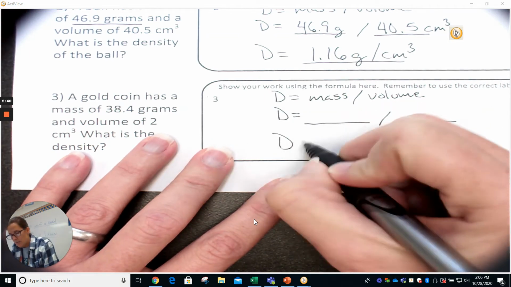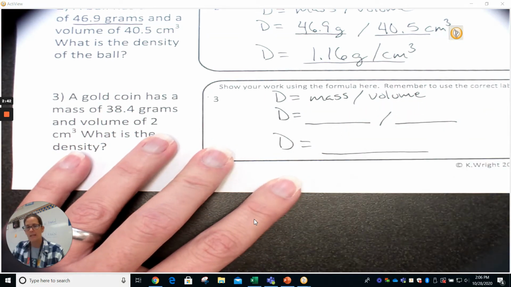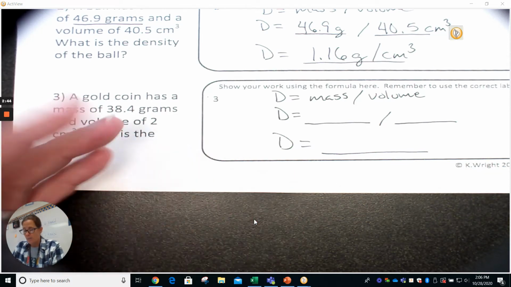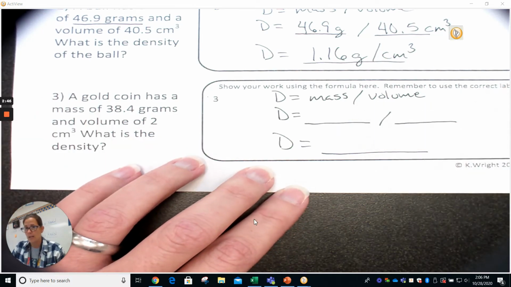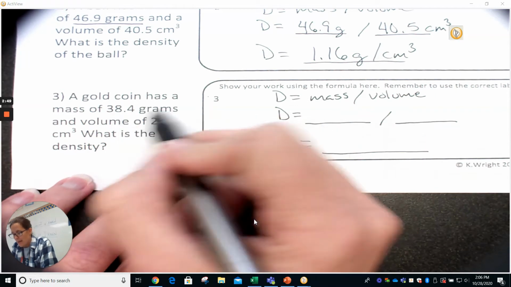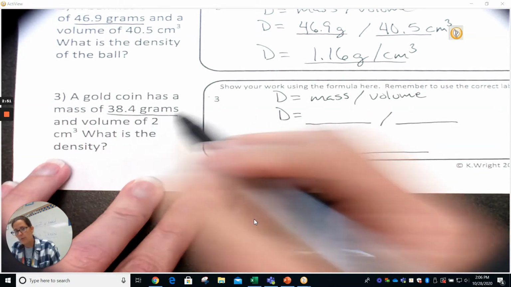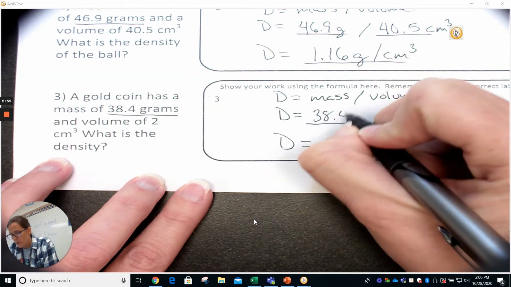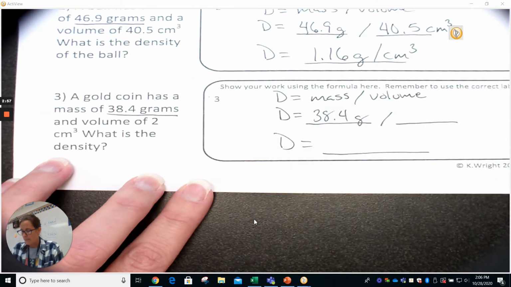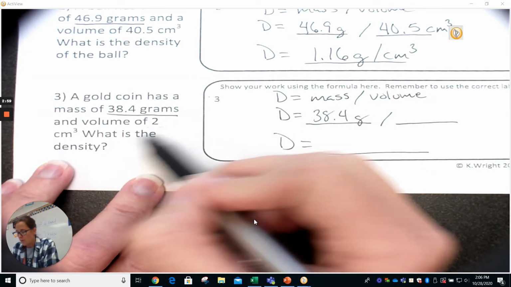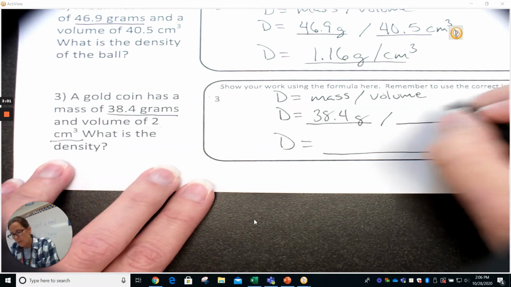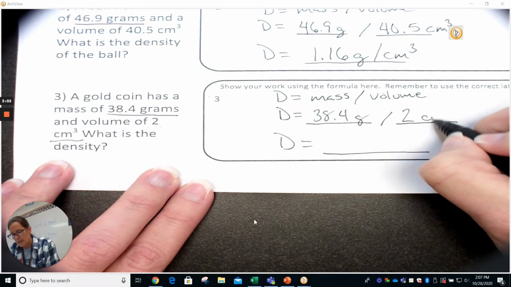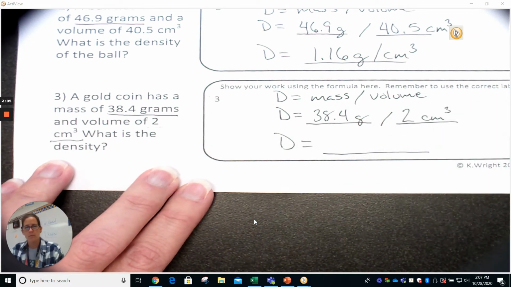And then D equals, and there's going to be my answer. So we need to figure out our mass first and put it first, right? So right here it says we have a mass of 38.4 grams. So I'm going to put 38.4 grams and a volume of 2 centimeters cubed. So there's 2 cm cubed.